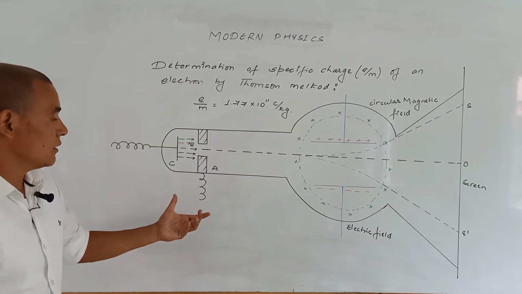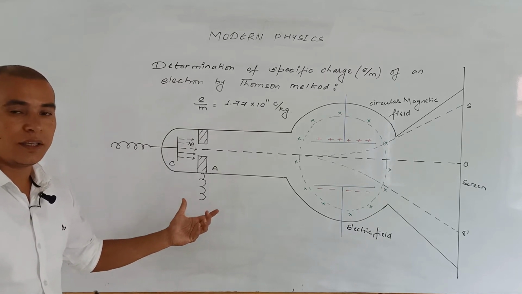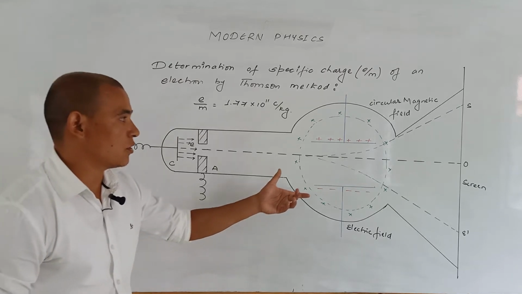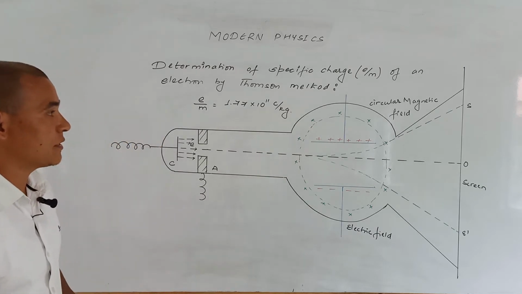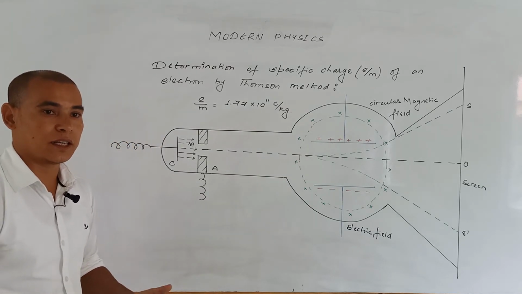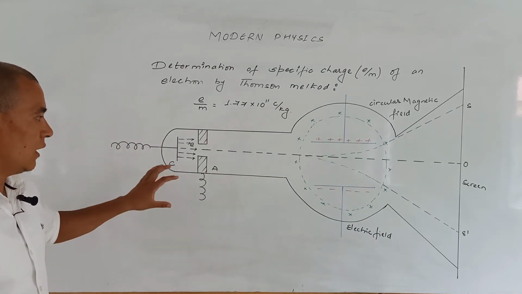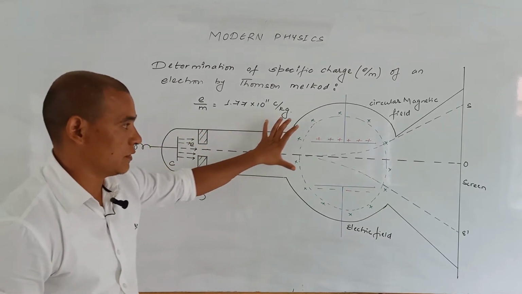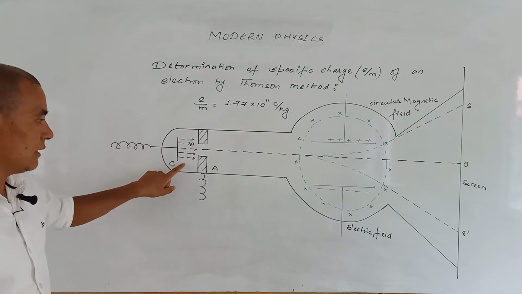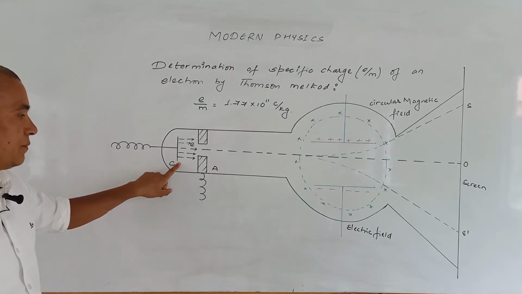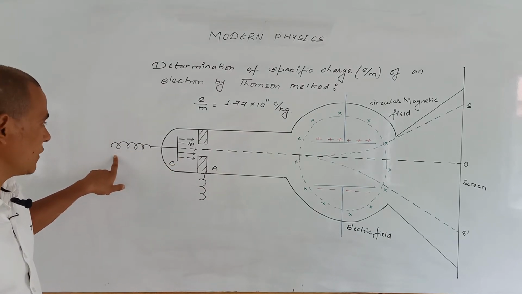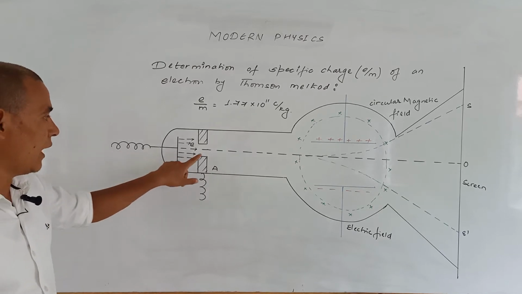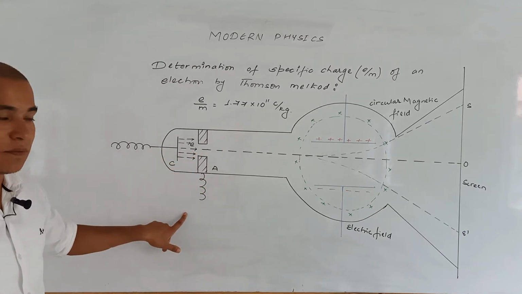J.J. Thomson used the concept of crossed fields to determine the specific charge of an electron. In this experiment we can see a discharge tube. Inside the discharge tube, the cathode is connected with the negative terminal of a low tension battery, and the anode is connected with the positive terminal.